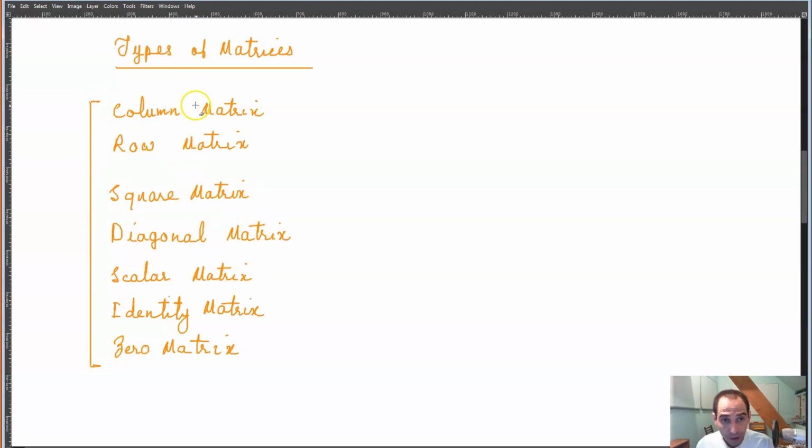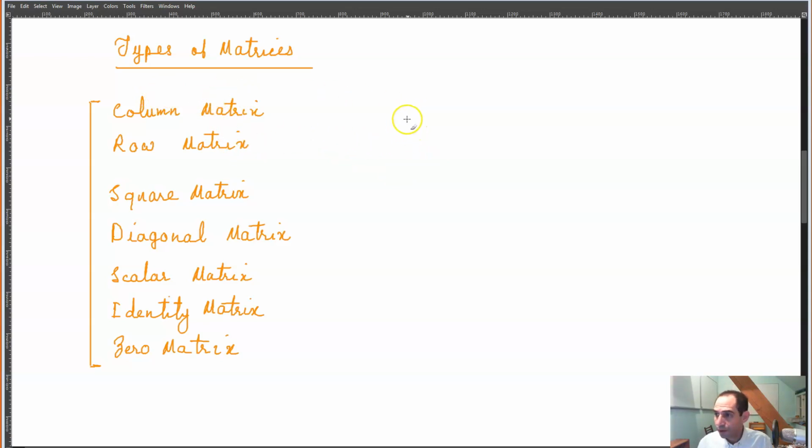So first of all, the column matrix is simply a matrix that has only one column. It doesn't matter how many rows you might have, but if you have only one column, then the matrix is called a column matrix.